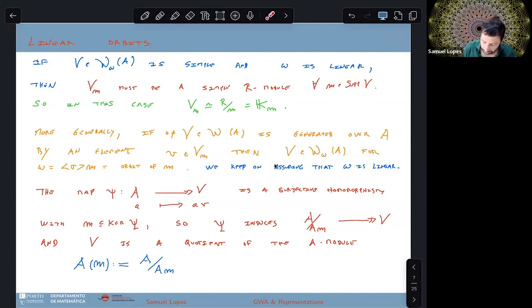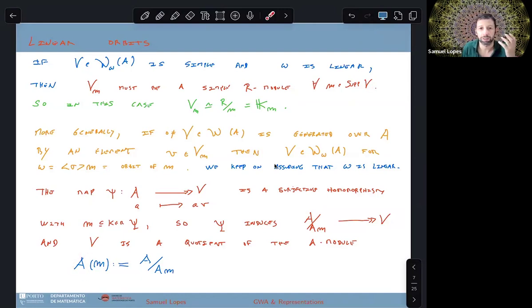This module here is so important that I'm giving it a name, and I'm calling it A(M). So A(M) is just the ring A seen as a left A module, quotiented by this submodule, which is the ideal of A generated by M. So we've just seen that if we're interested in modules which are generated by some weight vector, then they will have to be a quotient of this, in the linear orbit case.